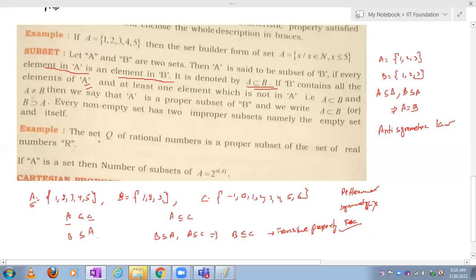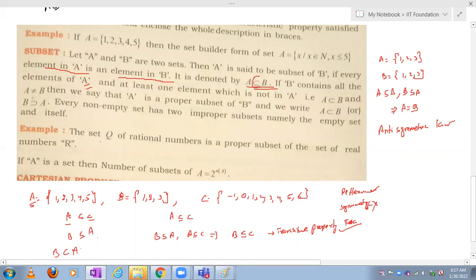So here see, Q is a rational number, is a proper subset. Okay, another thing. Here this we cannot say a proper subset. So see, these are all proper subsets only. One element, see 4, 5 element is not there in B. That's why B is a proper subset of A. This proper subset means here we don't need to get right equal.